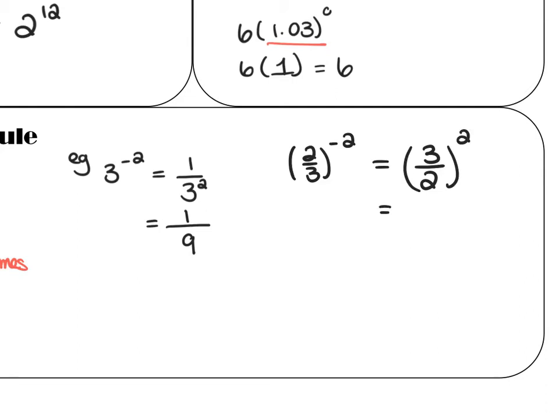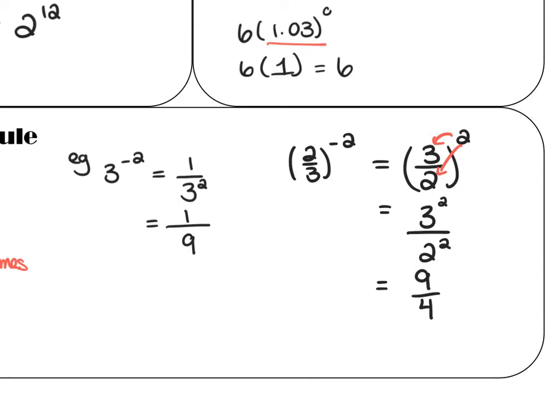Anytime you have an exponent like this and you have a fraction, the exponent is applied to all the terms. So what we're going to do with this one is it becomes 3 squared over 2 squared. And then you can simplify that and make it 9 over 4.